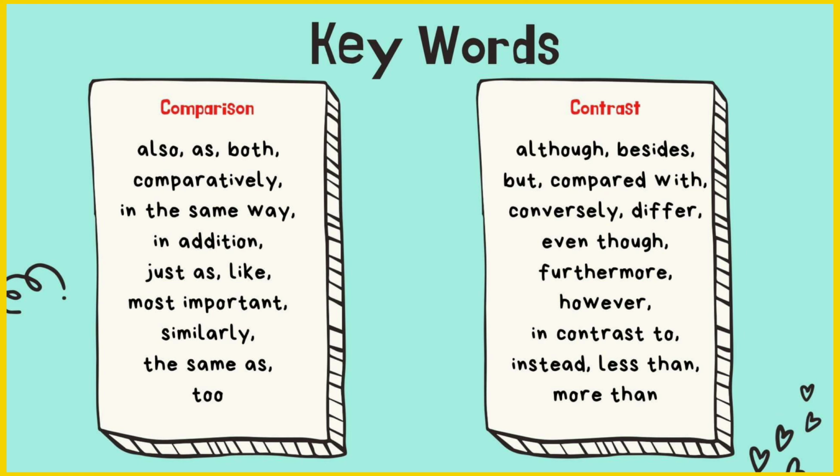When you are to compare and contrast things, you can use these keywords. For comparison, you may use also, as, both, comparatively, in the same way, in addition, just as, like, most important, similarly, the same as, to, and more.